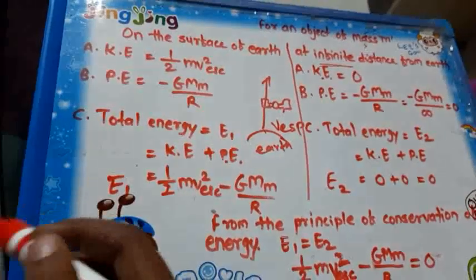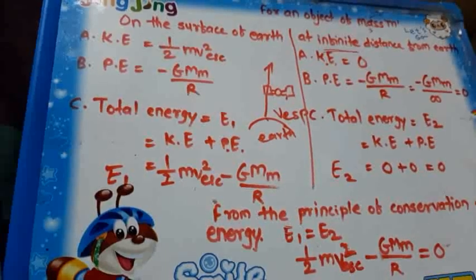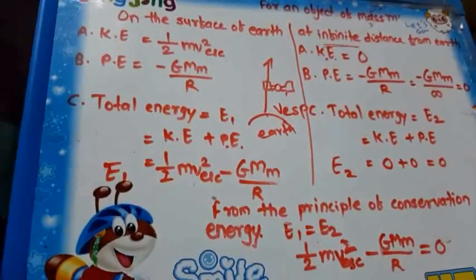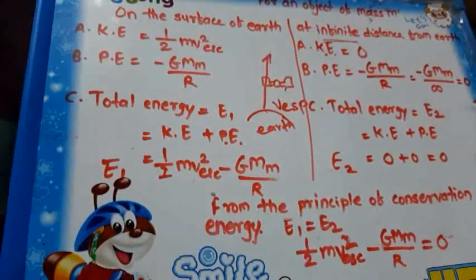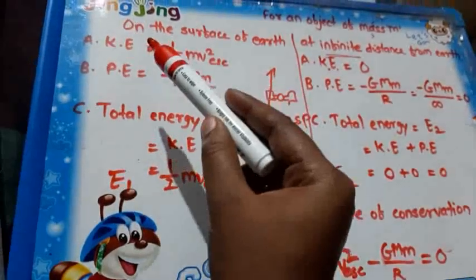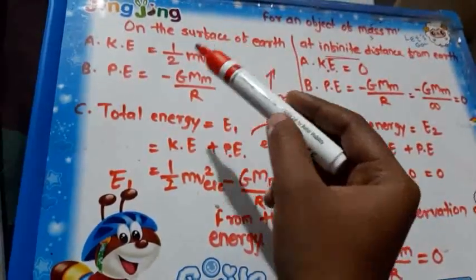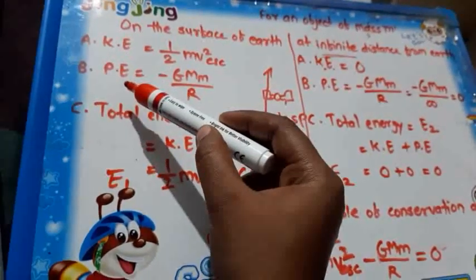Now just now we have seen that law of conservation of energy states energy can be transformed from one to other form and no energy can be created or destroyed. So the object which is on the surface of earth, it has two types of energies. They are kinetic and potential.